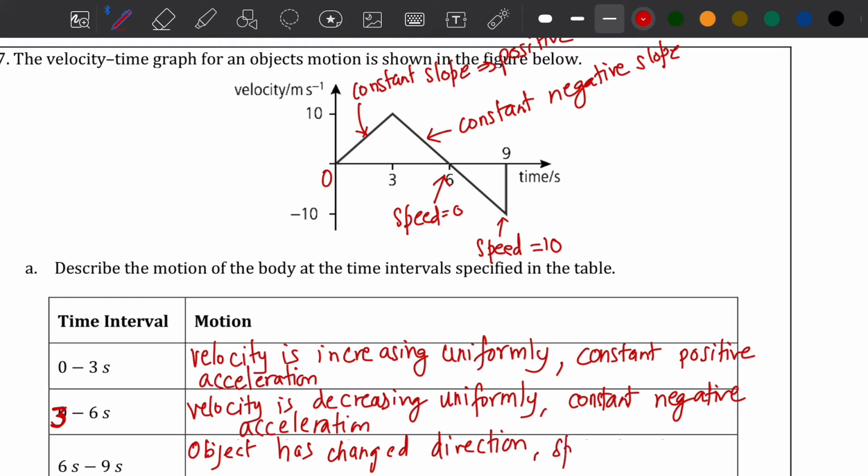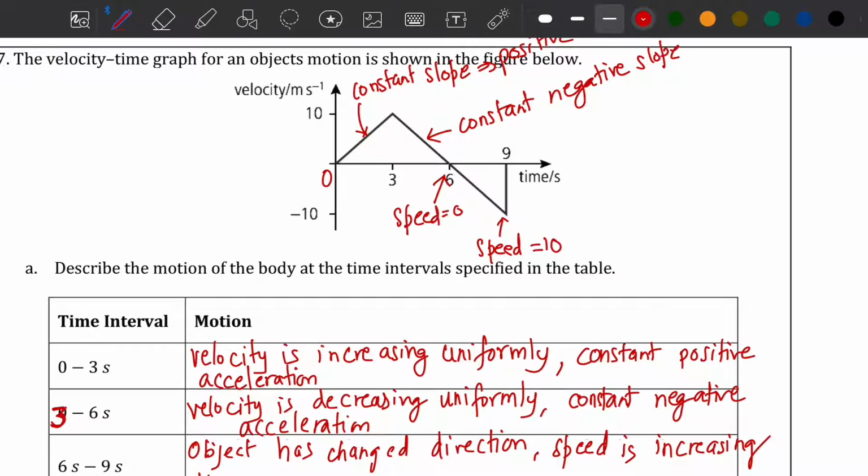But if you look at the speed, that is only the number, the speed is increasing because it was 0 at 6 seconds and 10 at 9 seconds. So speed is increasing. But then we can also see that it doesn't stop there. You can see that the line goes straight down to 0 at 9 seconds. So that means the object is coming to a sudden rest.